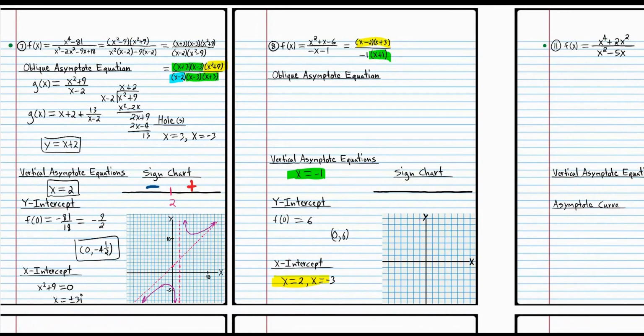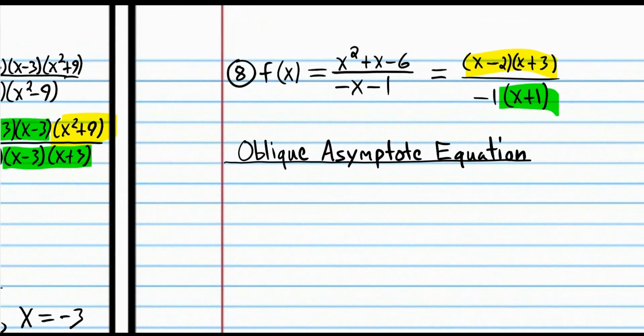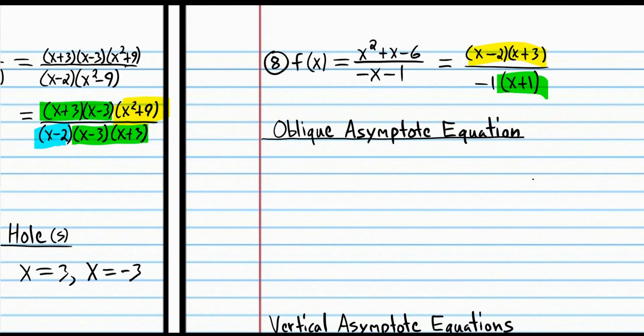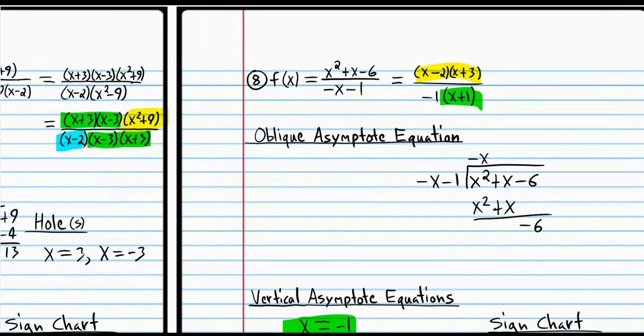So we've got our basic information, but we also need to find our oblique asymptote if we have one. So we're going to use long division, as we did in the previous problems. And so the new form of our function is negative x minus 6 over negative x minus 1.